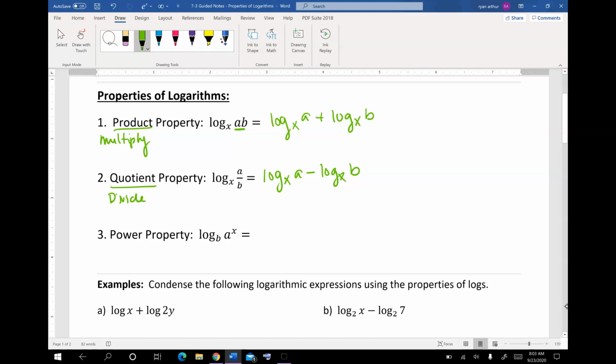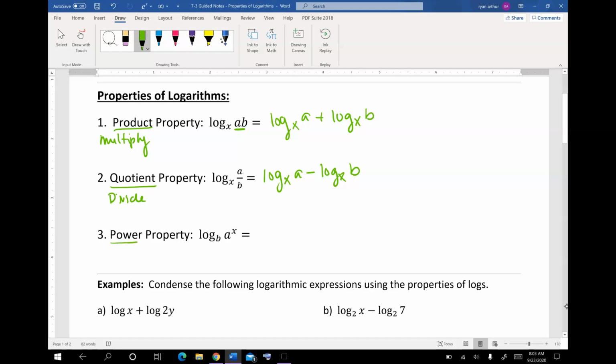Now, the way I remember these is when you multiply something, it gets bigger. Well, if you're adding something, it also gets bigger. So adding and multiplying go together. When you're dividing something, you get smaller. When you're subtracting something, you also get smaller.